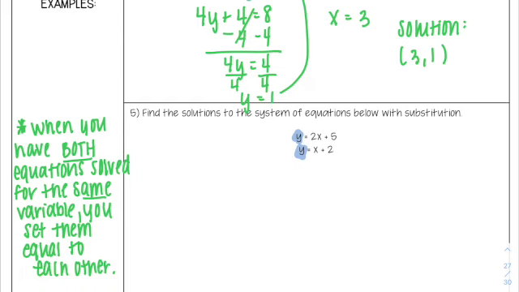So here we would have 2x plus 5 equals x plus 2. And then you would just start to solve for x.